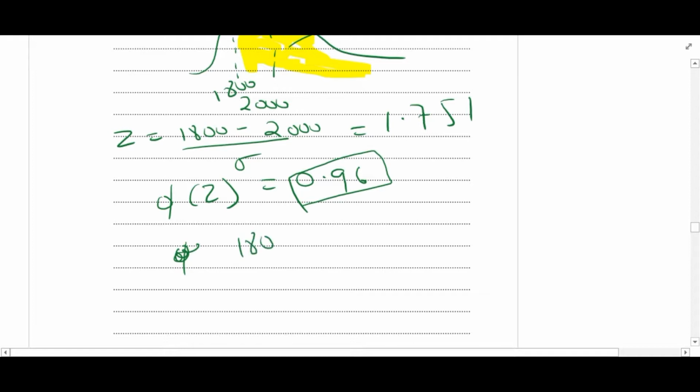Now we just have to simplify it. Phi of 1800 minus 2000 upon sigma is 1.751.